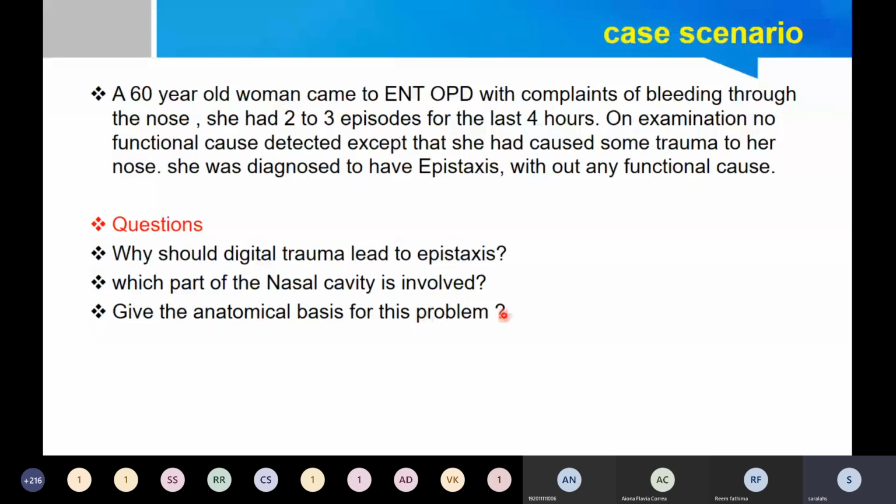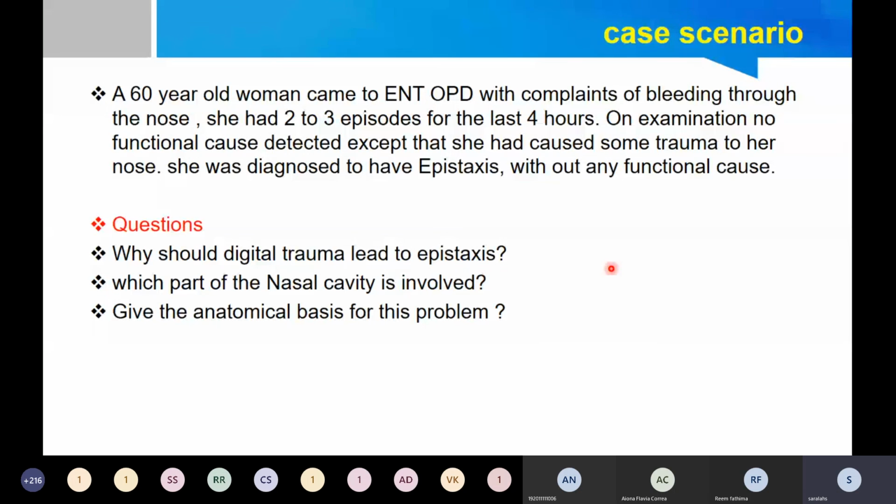Give the anatomical basis for this problem. You can tell about Kesselbach's plexus, what arteries take part, what is Little's area and why that area is more prone to epistaxis or bleeding through the nose. And you can get some other case scenario for the lateral wall of the nose or deviated nasal septum.